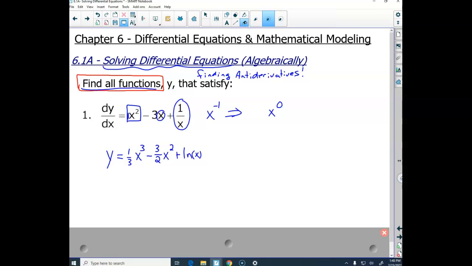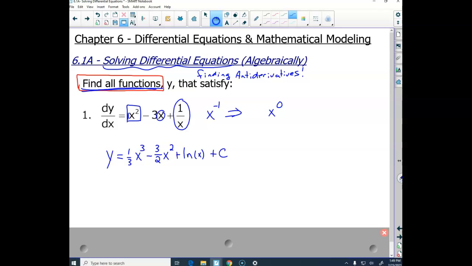You don't know why that is yet, but that's okay. 99% of the time I'll leave the absolute value out for now. It doesn't really matter. And then remember, we want all the functions, so there was always some constant at the end that we added.